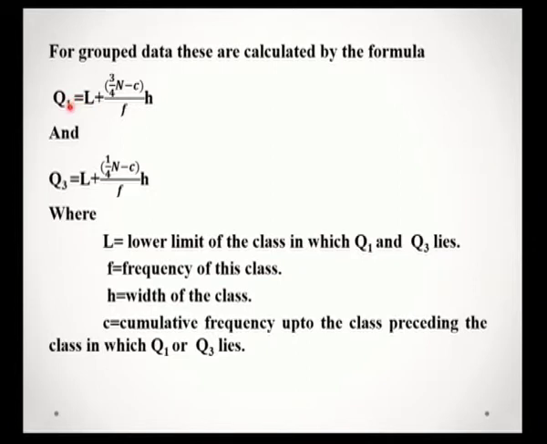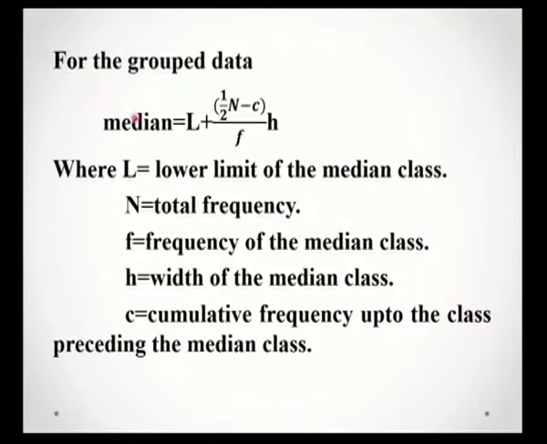The lower quartile Q1 is equal to L plus (1/4 n minus c) over f, into h, and the upper quartile Q3 is equal to L plus (3/4 n minus c) over f, into h. You can relate this formula with the median for grouped data. The median for grouped data is L plus (1/2 n minus c) over f, into h.